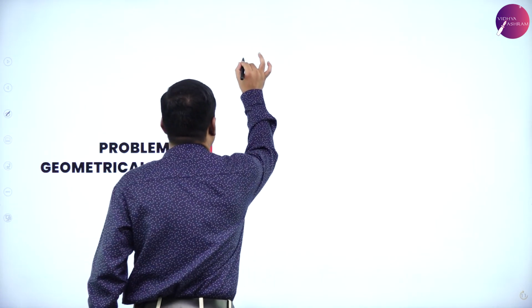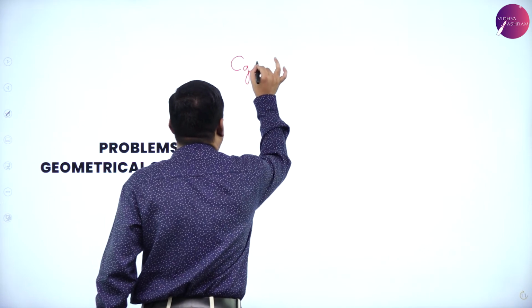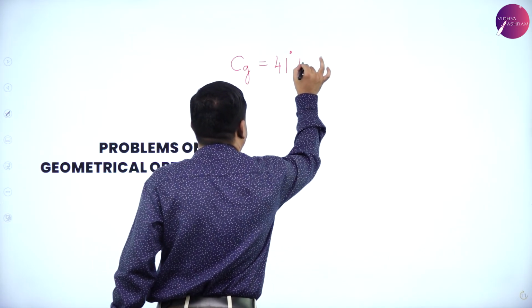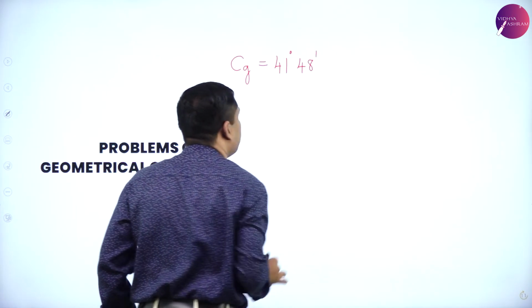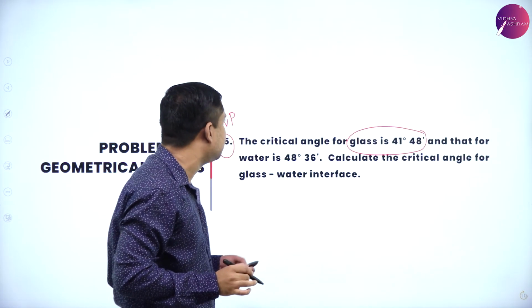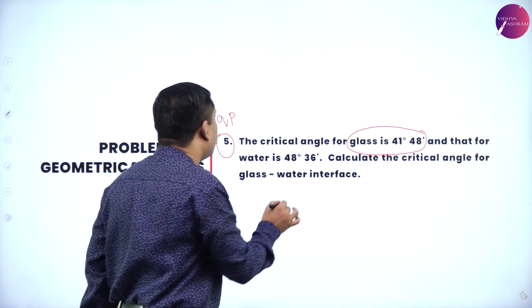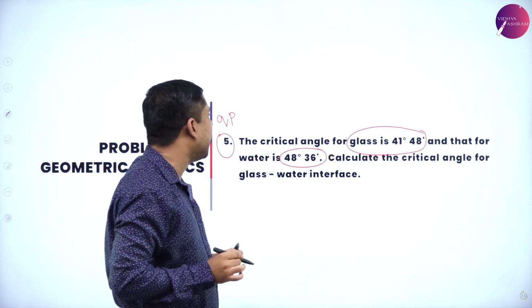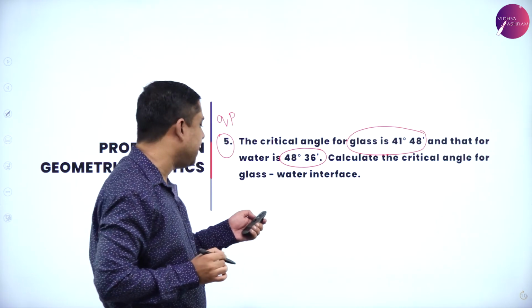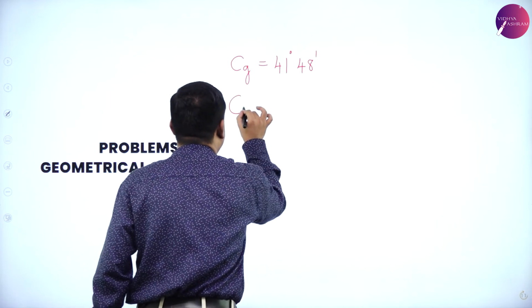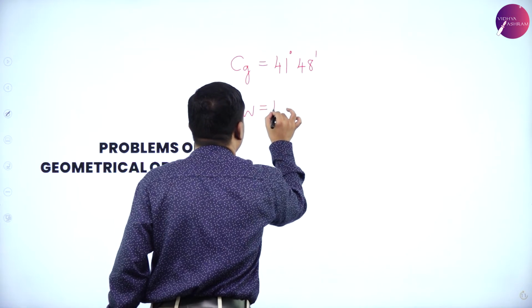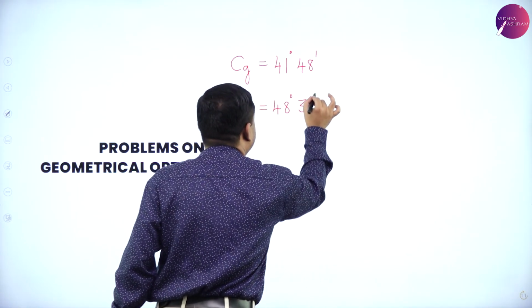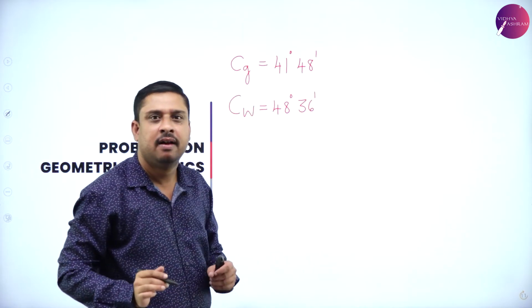So I write critical angle for glass 41 degrees 48 minutes. And water 48 degrees 36 minutes.